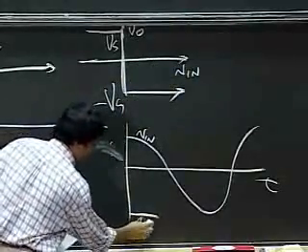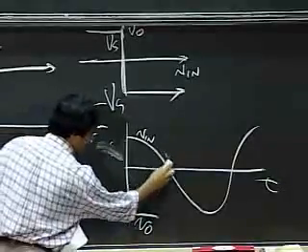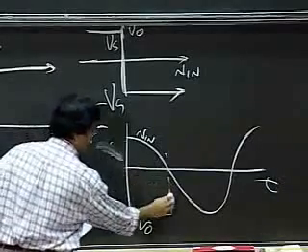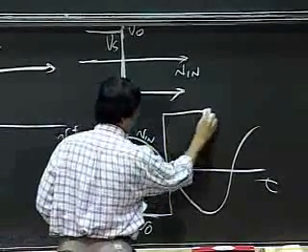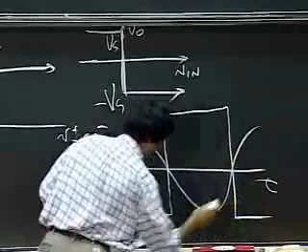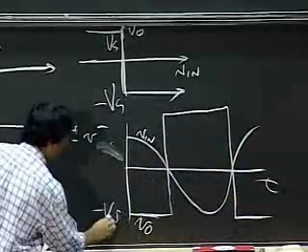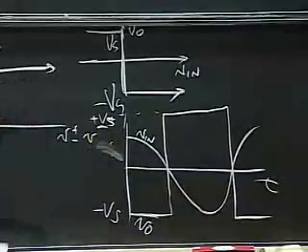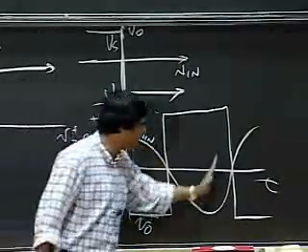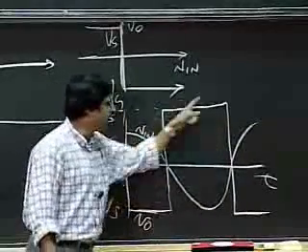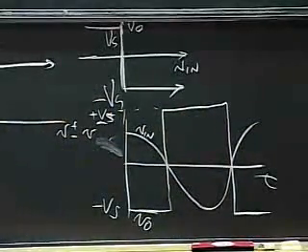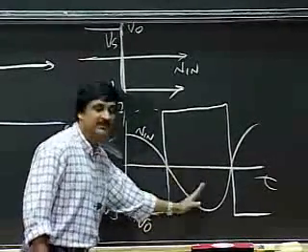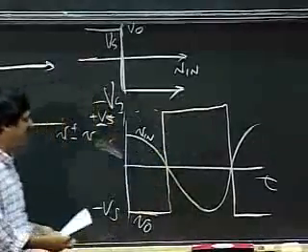So my output, V naught, is going to be negative as long as V in is positive. And when V in becomes negative, this one shoots up and behaves like this. So this is minus Vs, that's plus Vs. Okay? So this is my input Vin, then this guy is going to be my output. Okay, so as Vin is positive, output slams to the negative rail. When Vin becomes negative, the output slams to the positive rail.